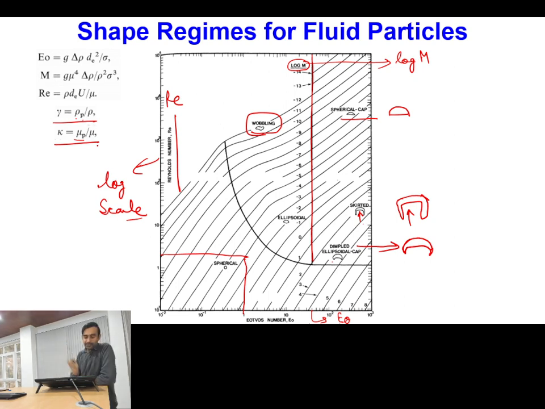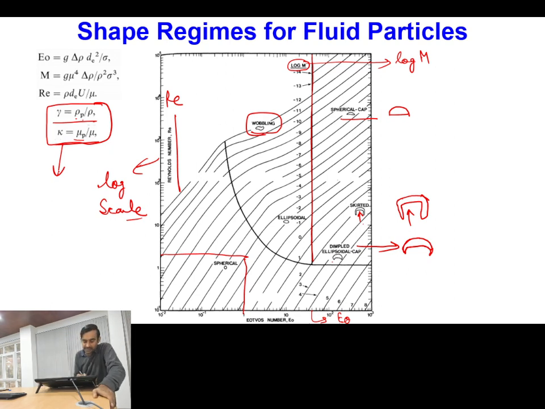Keep in mind that in this entire plot, the viscosity of the particle phase has not come into consideration. But one important point is that this particular curve is not applicable for extreme values of density ratio and viscosity ratio.